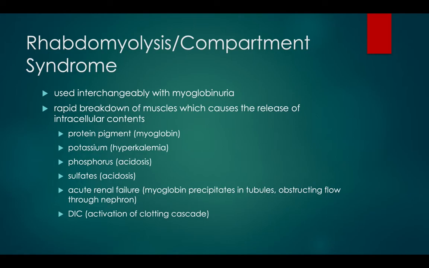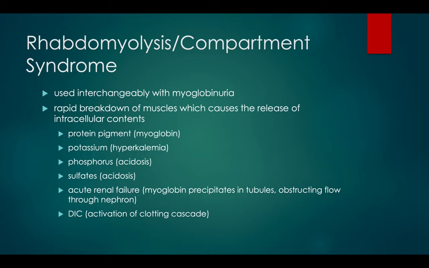So, whatever the reason, because of that breakdown in the muscle, you get a release of intracellular contents. We talked about this with cancer and tumor lysis syndrome. This is a very similar concept, but it's specifically for muscle cells. So what happens is you have a release of the intracellular contents of muscle cells.